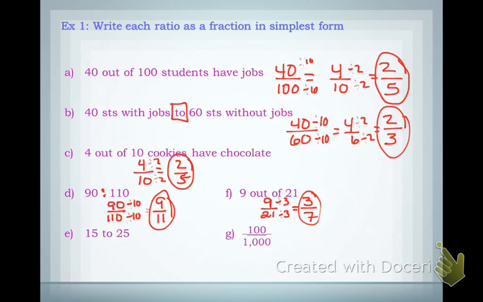E, I have 15 to 25. And again, I can reduce it. I can get 5 out of both. So it would be 3/5.